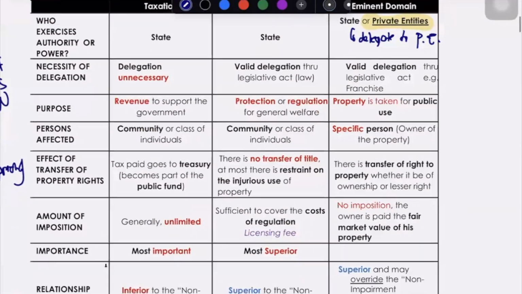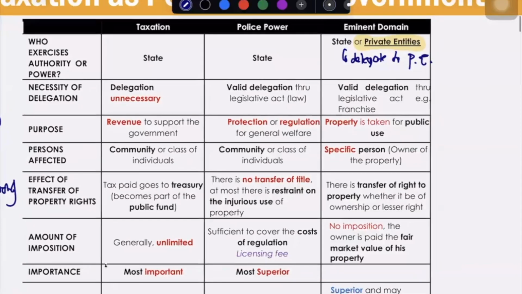Next, as to purpose. The purpose of taxation is for revenue that is to be used to defray the expenses of the government. While for police power, that is for the protection or regulation for general welfare. Again, when we talk about police power, the main purpose is the general welfare of the people.